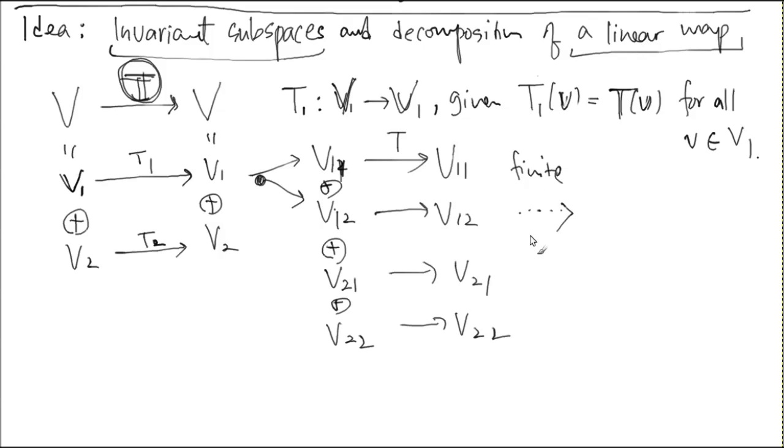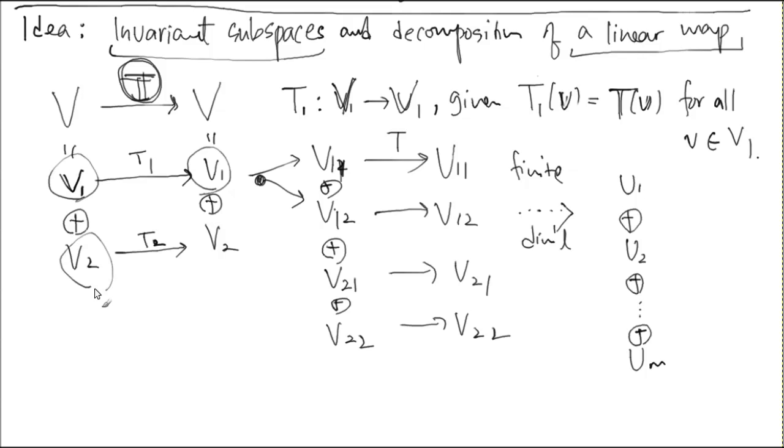Finite dimensionality, I put it here, and then I'm going to use new notation. U1, U2, like this, up to Um. Each of these has the property that there's no more direct sum decomposition into invariant subspaces. These subspaces I'm talking about here are called invariant subspaces under T. Does the terminology make sense?